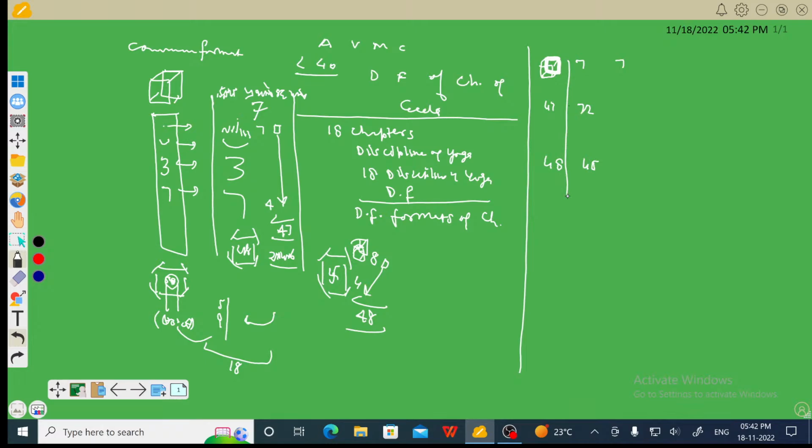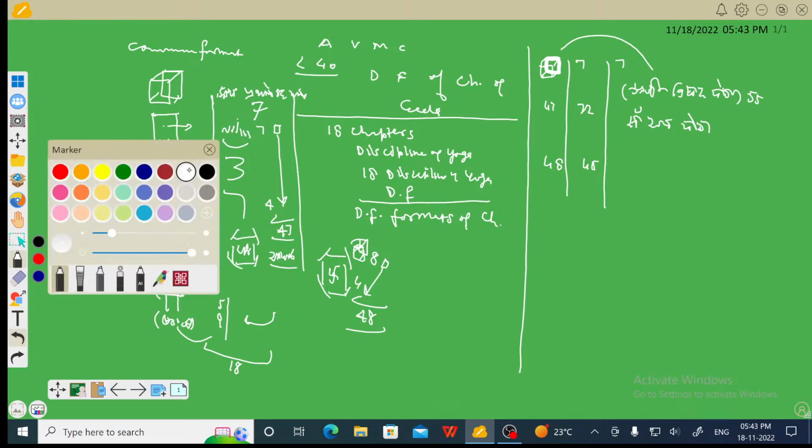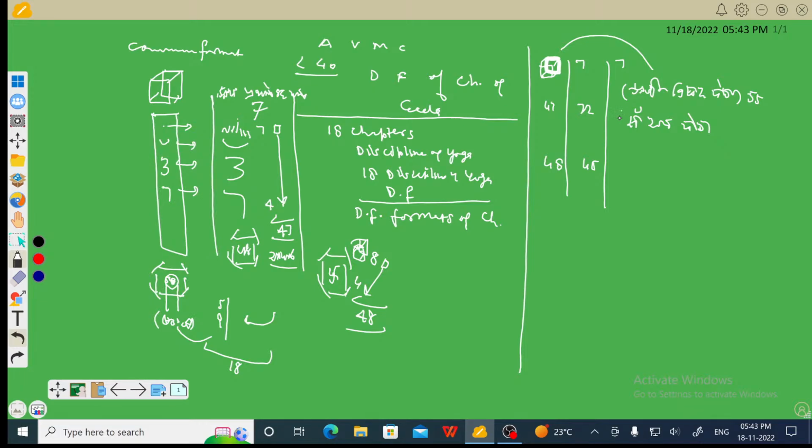This first chapter is Arjun Vishad Yoga, which is of value 55, and the second chapter is Sankhya Yoga, and it is of value 32. This way we can see that the features will be of distinguishing nature.